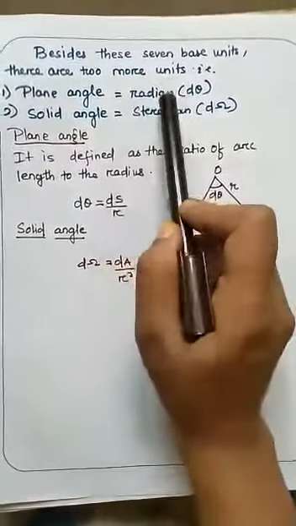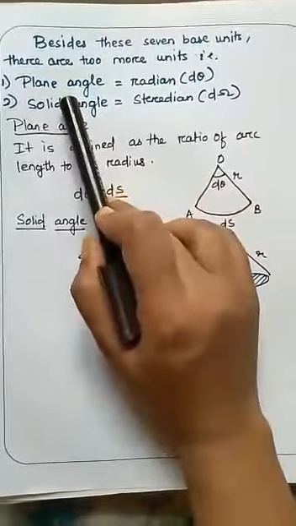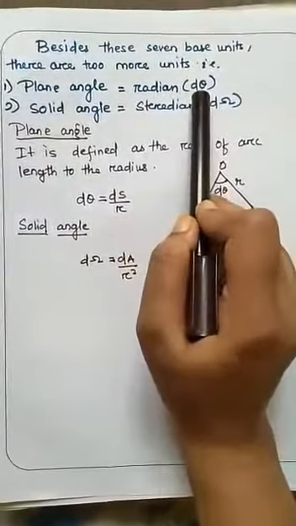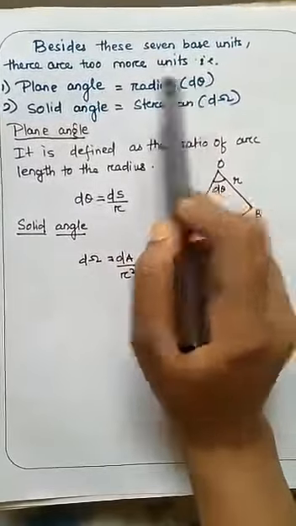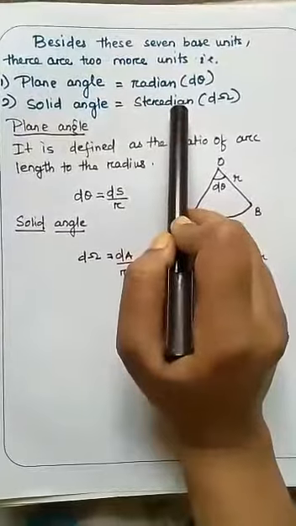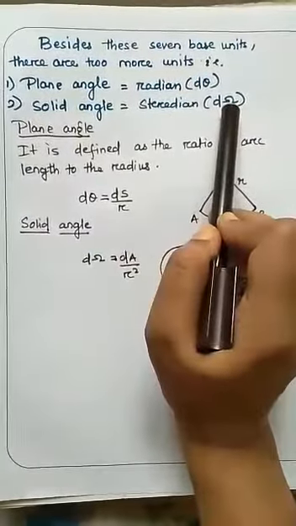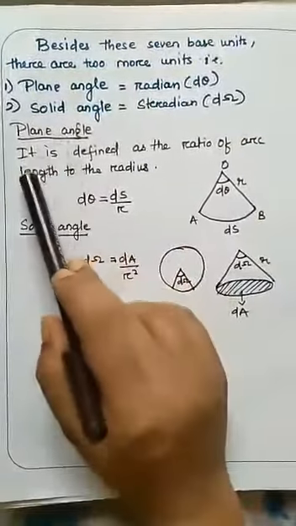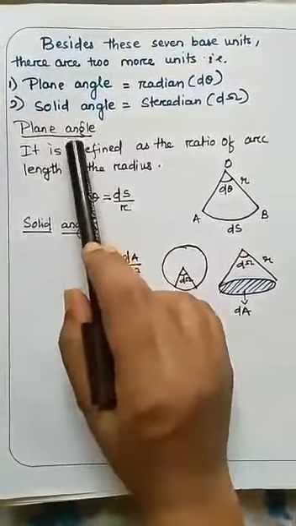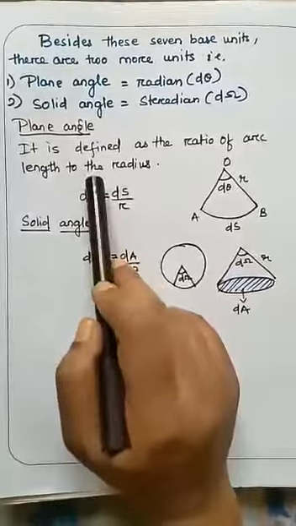And what is the base unit for plane angle? The base unit for plane angle is radian, represented by dθ, and for solid angle the unit is steradian, dΩ. What is plane angle? As you all know, you use plane angle in mathematics.